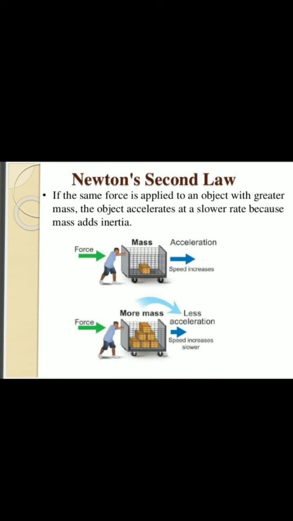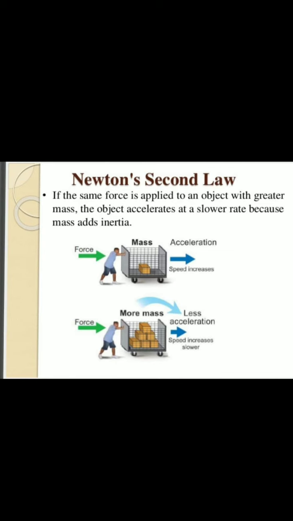But if the mass increases, that means it is a heavier or larger object. If we apply the same amount of force to the heavier object, it will accelerate less compared to the first one. Its change in velocity or speed will be slower.